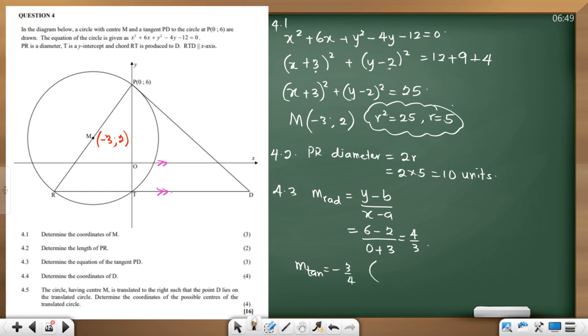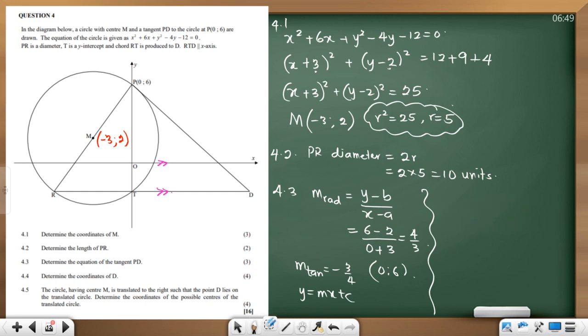Do we have a point on the tangent? 0 and 6. We know y equals mx plus c, right? Just going to save space here. What is our y value? 6 equals negative 3 over 4, what is our x value? 0. Oh, there's no need to even do that.